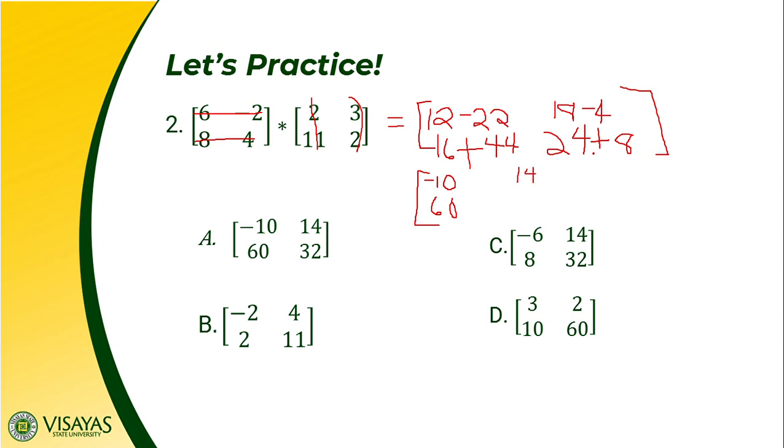And 24 plus 8 is equal to 32. Therefore, the resulting matrix, the product of this matrix and the other one, is negative 10, 14, 60, and 32. So the answer for that is letter A.